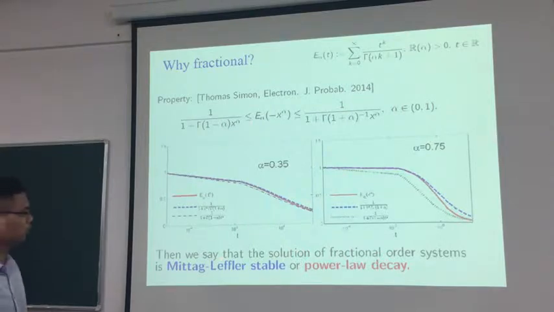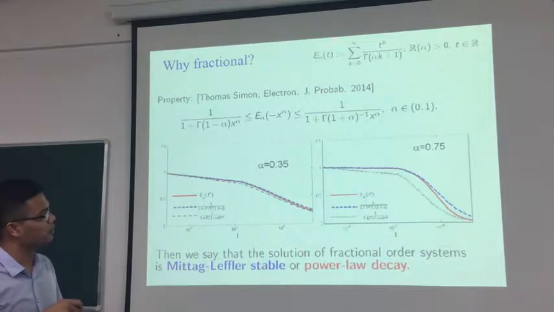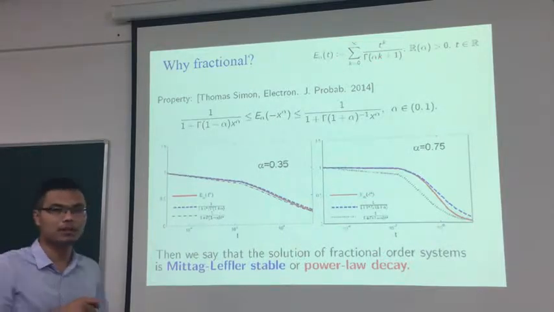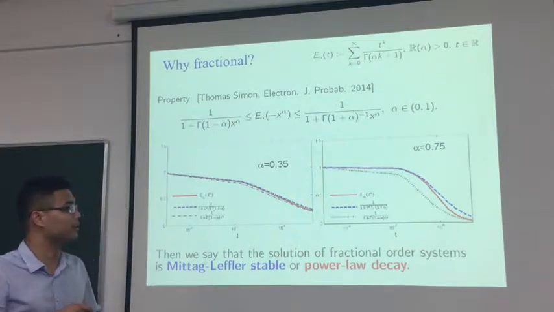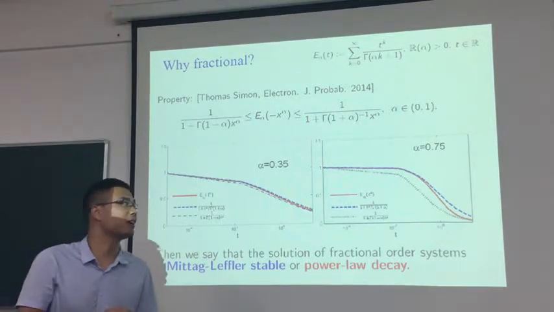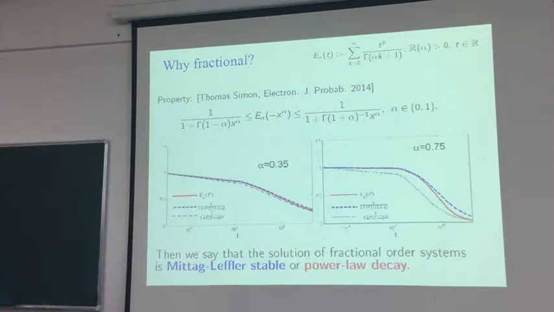However, to introduce why we use the fractional order system, we introduce a function called the Mittag-Leffler function, which can be regarded as an extension of the exponential function. Here you can see its definition. When alpha is equal to 1, it is the exponential function.